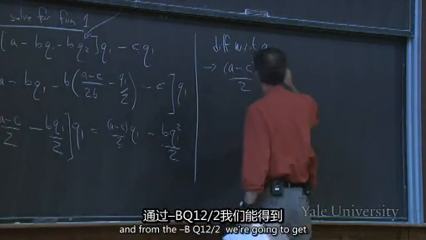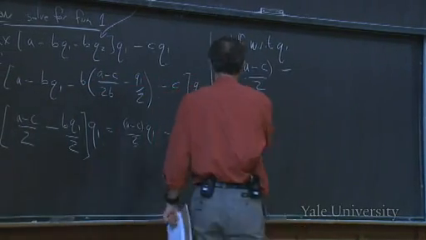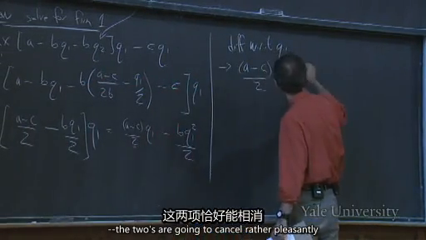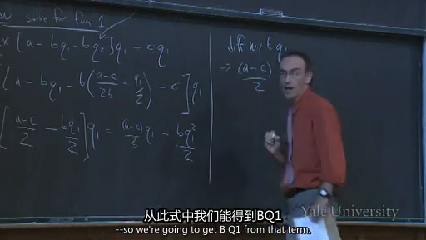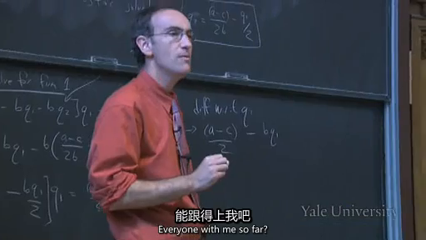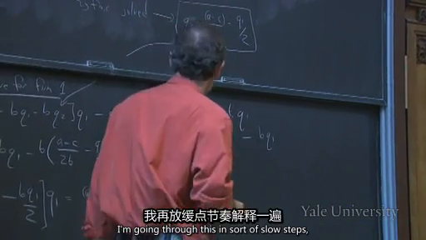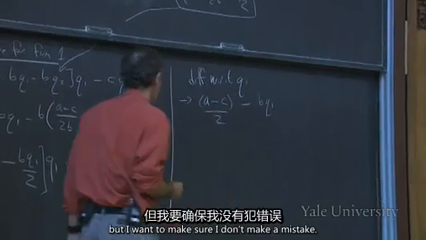And from the minus B Q1 squared over 2, the 2's are going to cancel rather pleasantly, so we're going to get B Q1 from that term. All right, everyone with me so far? I'm going through this in slow steps. I agree it's not exciting, but I want to make sure I don't make a mistake.